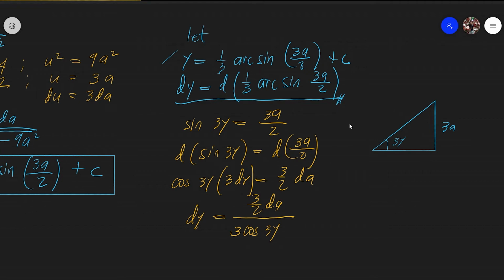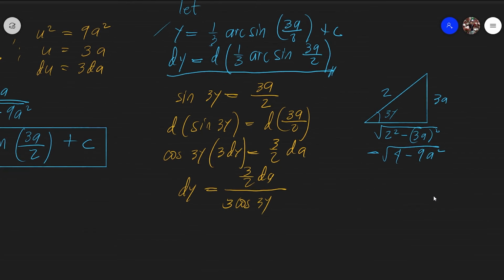From this, you can solve for the value of the adjacent side, which is the square root of 2 squared minus 3a squared, or if we simplify, the square root of 4 minus 9a squared.